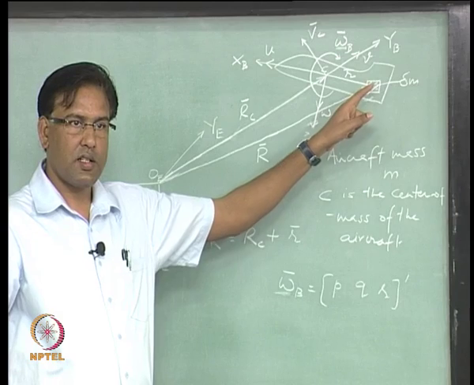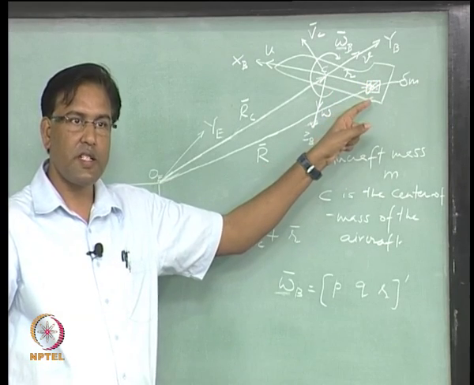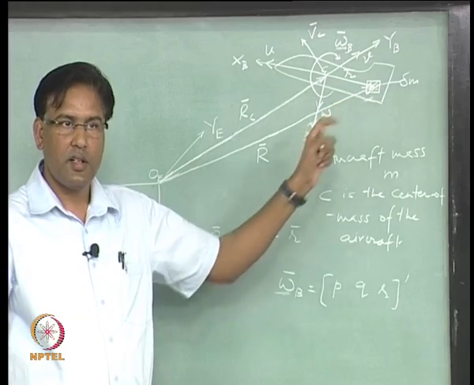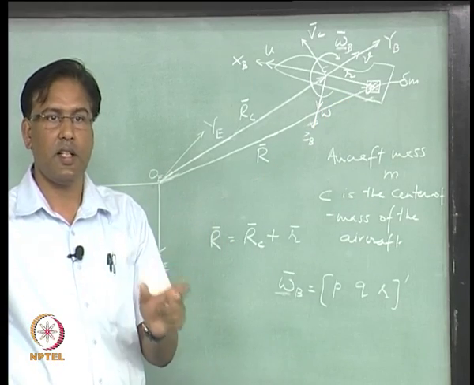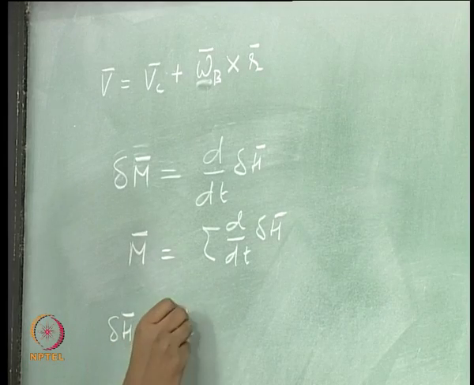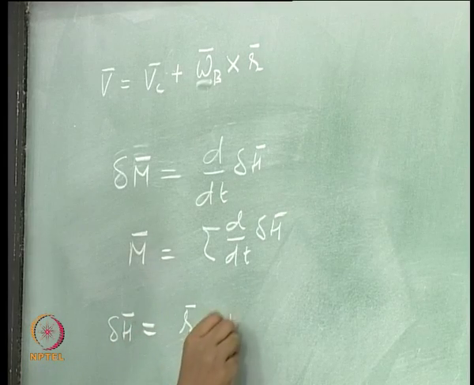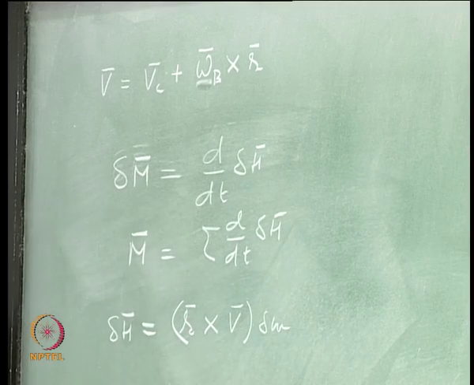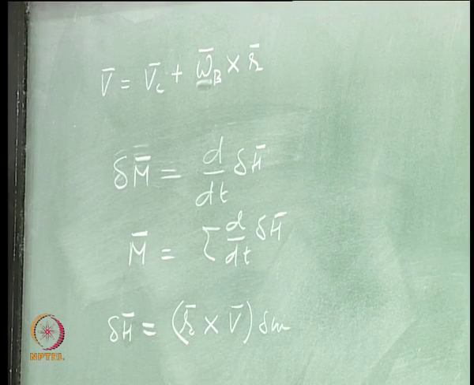It is r cross v, where v is the velocity of this elemental mass delta m, into delta m, right. That is how we write the angular momentum.